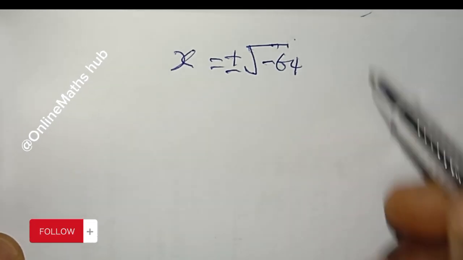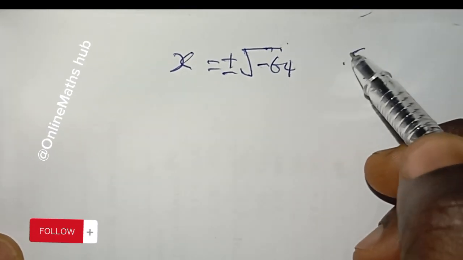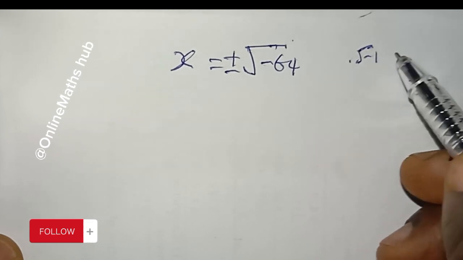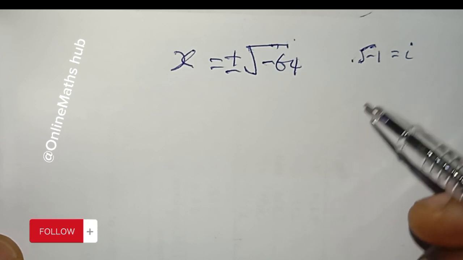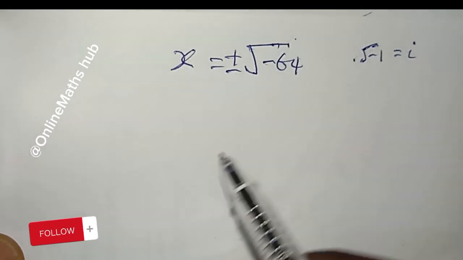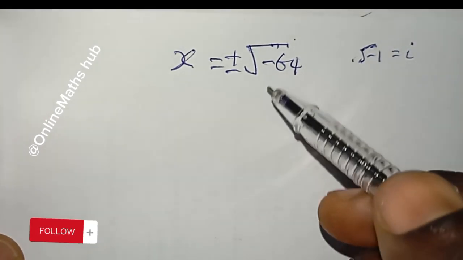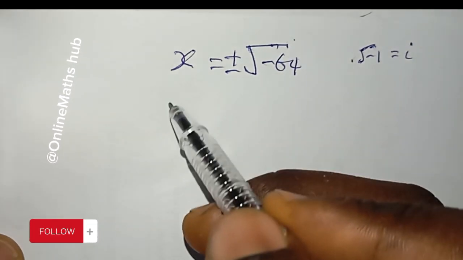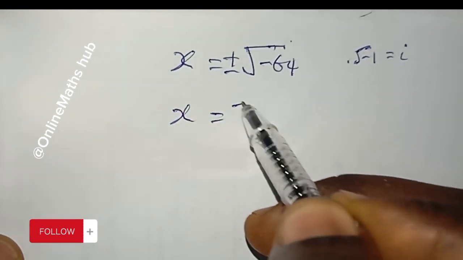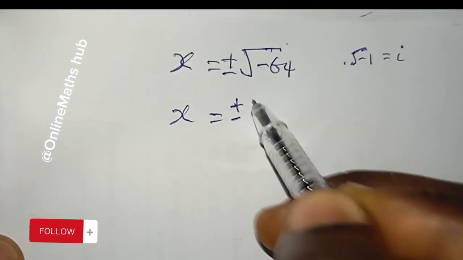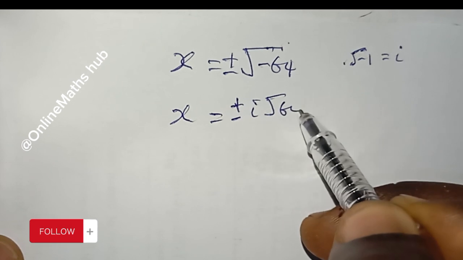You just need to remember that root negative 1 is the same as i, which you can call the imaginary number or iota. So I'm going to separate it here, and I'm going to have x is equal to plus or minus i root 64.